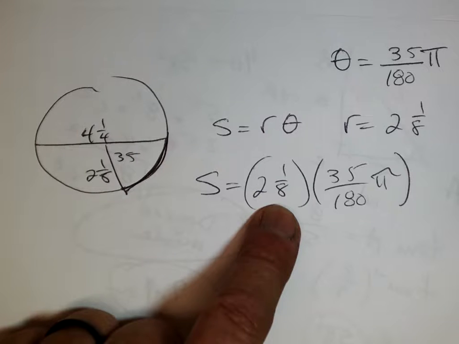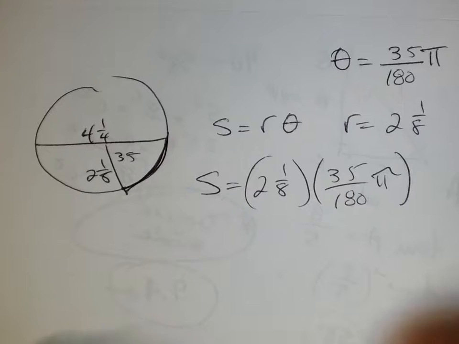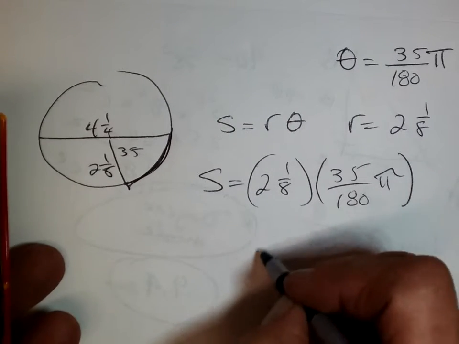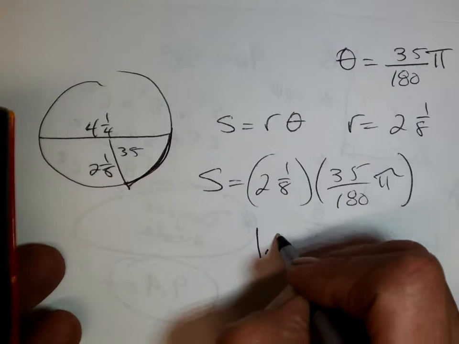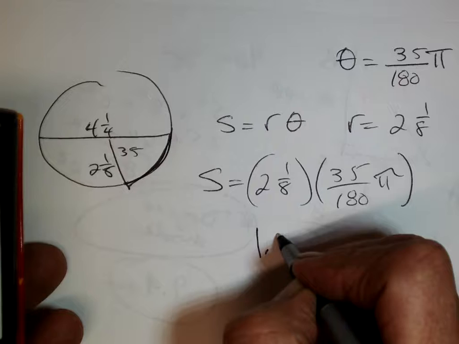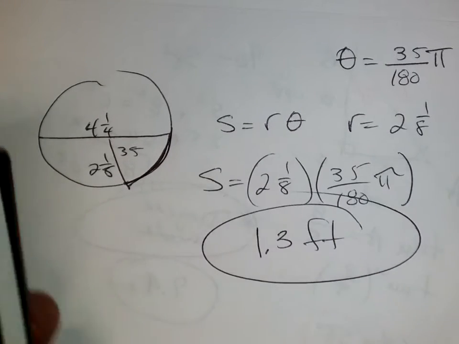So I'm going to go 17 divided by 8 times 35 pi divided by 180, and I get a grand answer of about 1.3, which makes sense because this is in terms of yards. Is it yards or feet? Yeah, feet. 1.3 feet for my throwing board, okay?